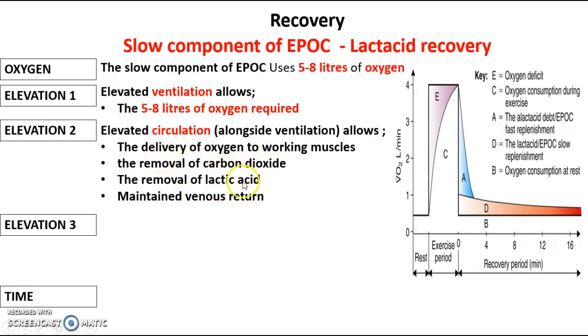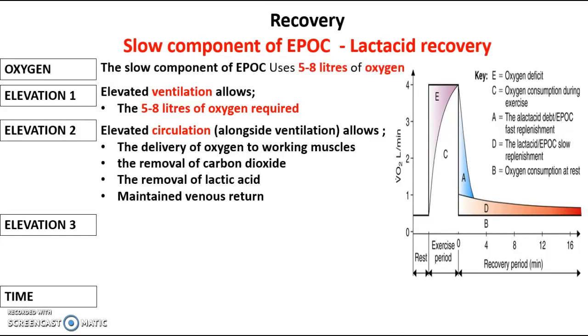It also allows us to remove lactic acid in the way we've seen before, when it converts back to pyruvic acid, and it also allows us to maintain venous return, which is quite important because it allows blood to return to the heart, preventing things like blood pooling, which can be really detrimental to us performing and recovering, and that's what gives you DOMS or those aches after you've exercised if you don't cool down.